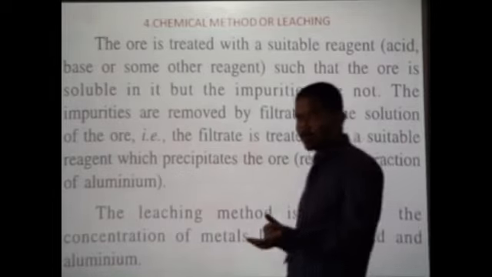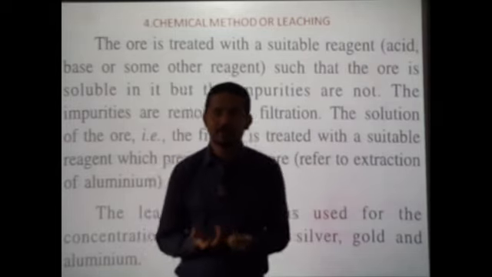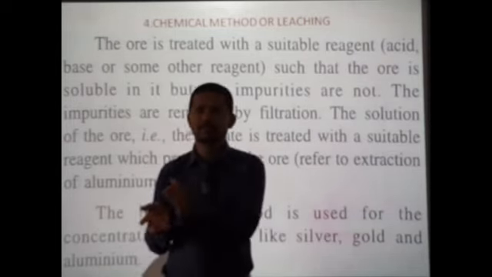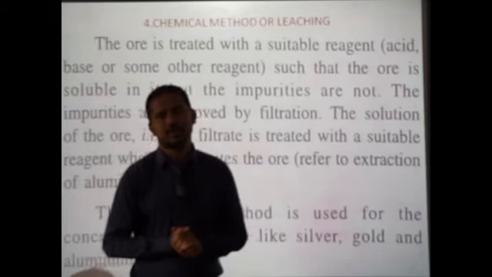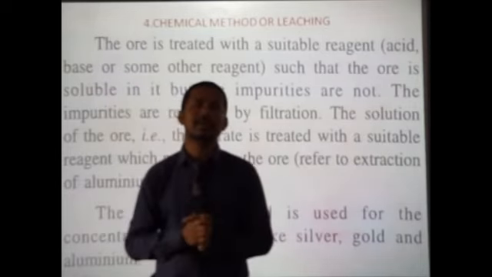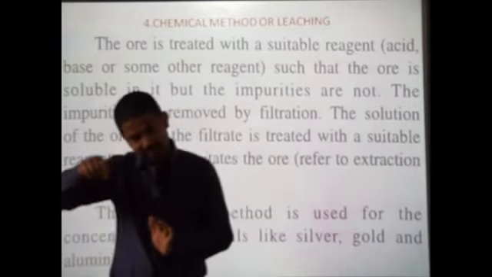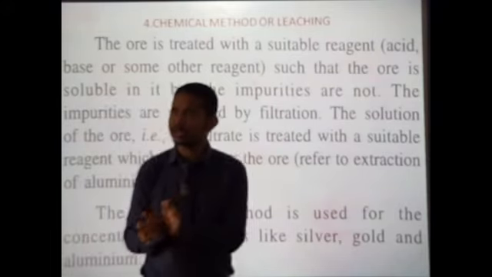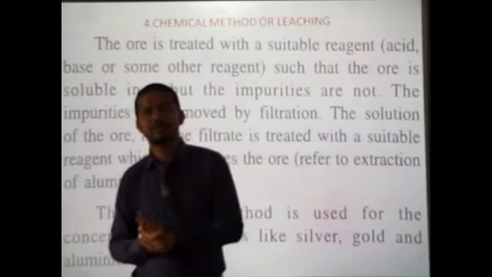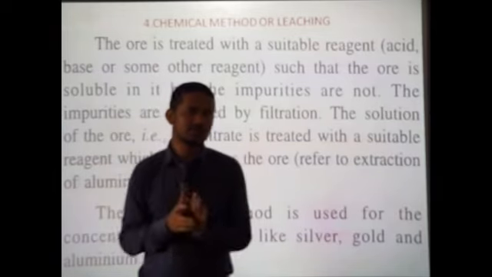What you do is take a particular reagent and put the crushed or ground ore in it, which starts dissolving it. The ore will become soluble, and then we use filtration.